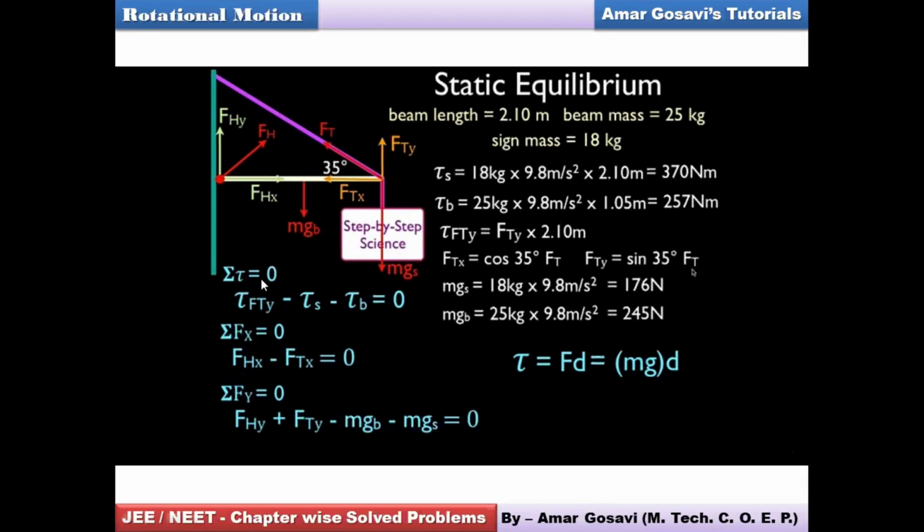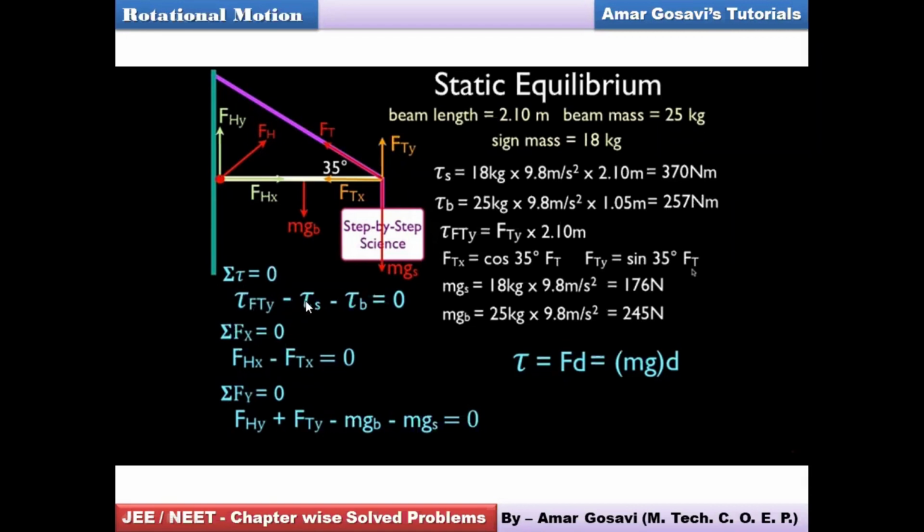Summation of torque about a point will be 0. So how do we put it about this point? Torque because of Fty is going to create anti-clockwise moment. Fty will produce anti-clockwise rotation about this point, therefore positive.